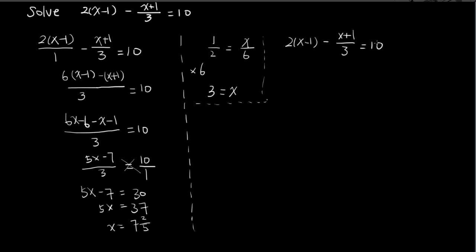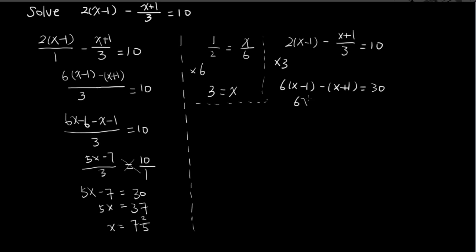So I see in this whole equation I only have one term with a denominator, which is 3. So why not I multiply by 3 throughout the equation? So I'm going to have 6(x - 1) - (x + 1) = 30. And then I can start the simplification.